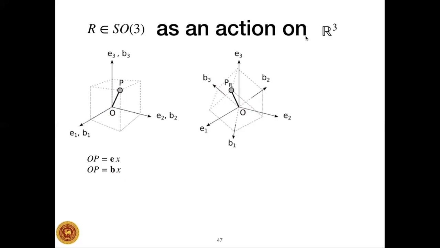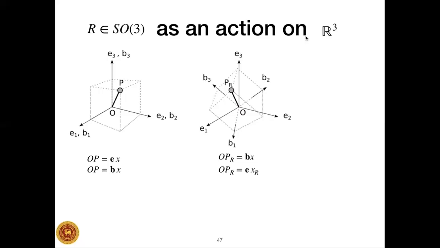Now let's look at what has happened to the representation of the point in the two frames. In the B frame it is the same, but not so in the E frame, because the point has changed in the E frame. We write this new position of the same point after the rotation of the box.